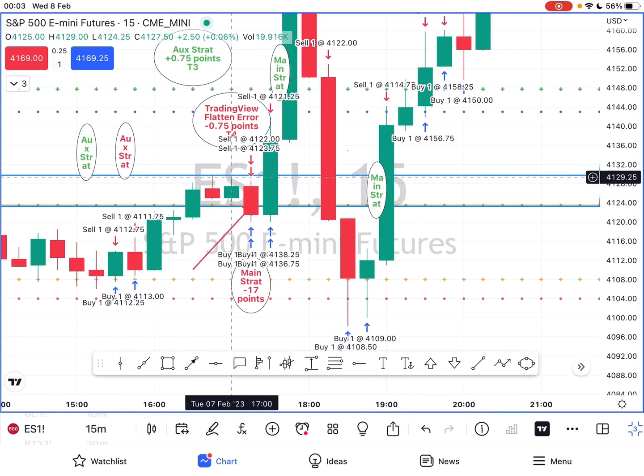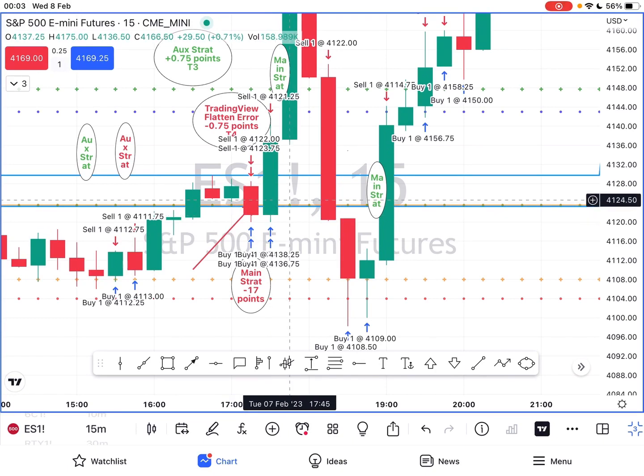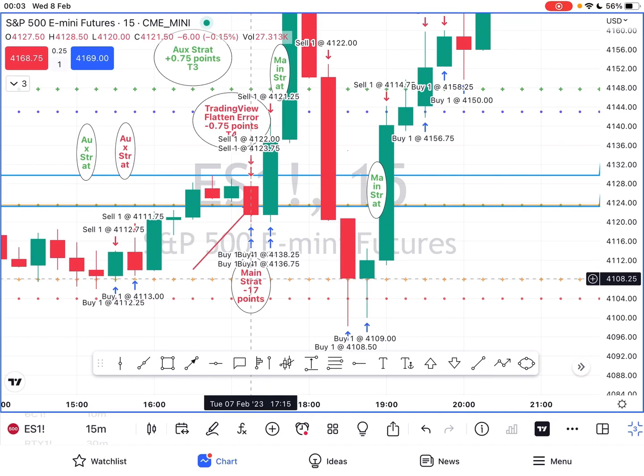We've tested the 60-minute opening range high from overnight, and we pulled back and closed below the 60-minute opening range low. So I thought we would sell back down to retest the midweek, about 50% mid from the previous week.